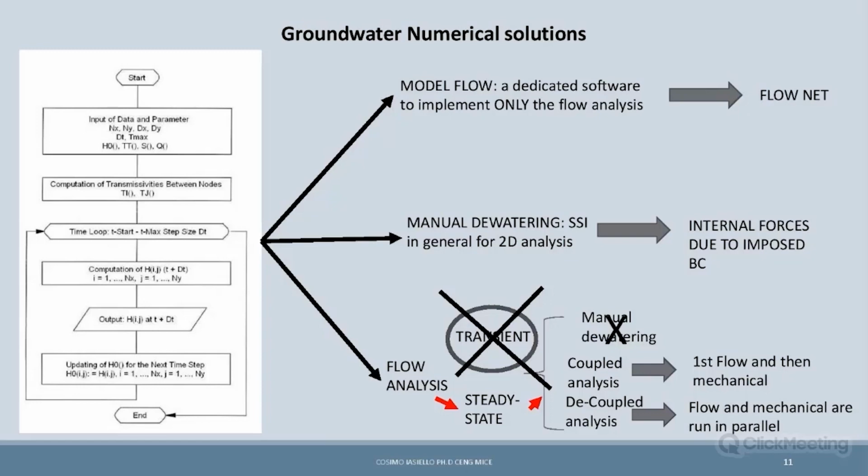This is interesting for soil-structure interaction, in general for 3D analysis, for high-level analysis. And the result of these are the internal forces due to the imposed boundary condition, the manual dewatering.